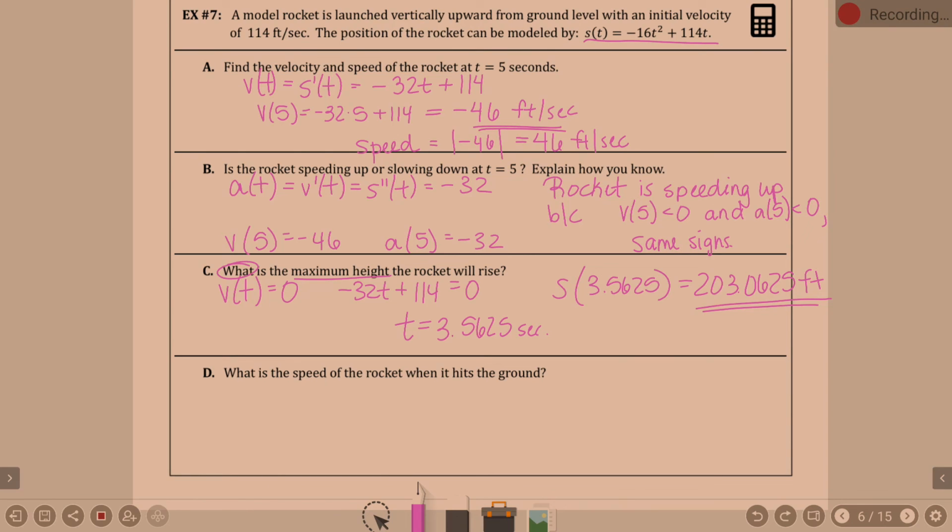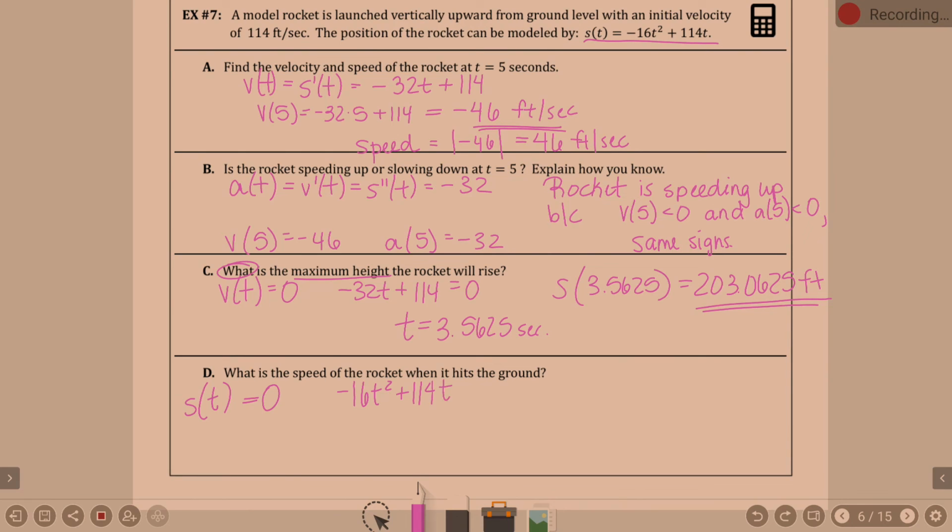What is the speed of the rocket when it hits the ground? When does the rocket hit the ground? What is 0 when the rocket hits the ground? Position. Because when the rocket hits the ground, the height of it is 0. So you would be setting negative 16t squared plus 114t equal to 0.